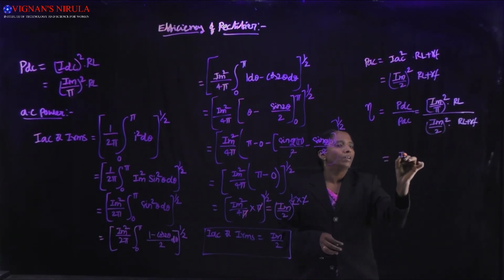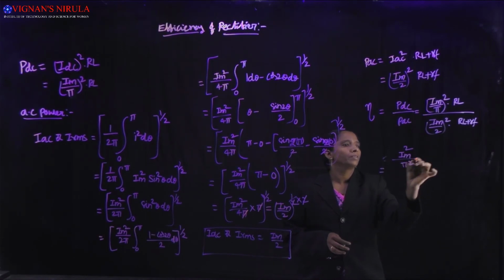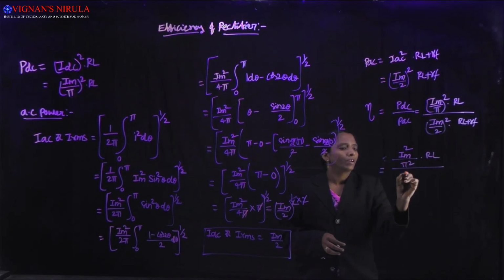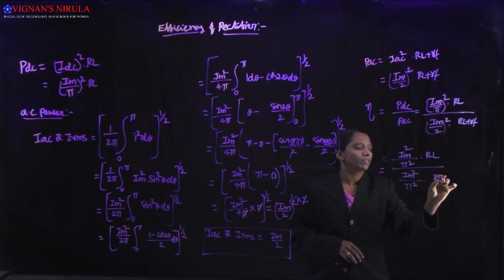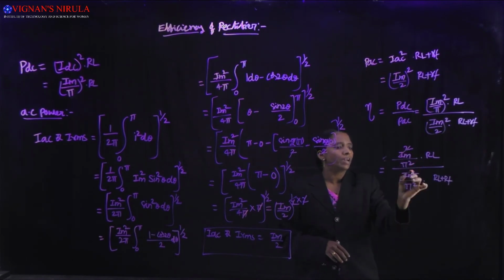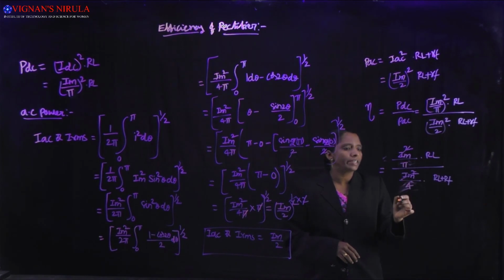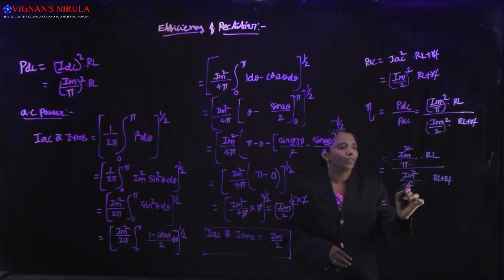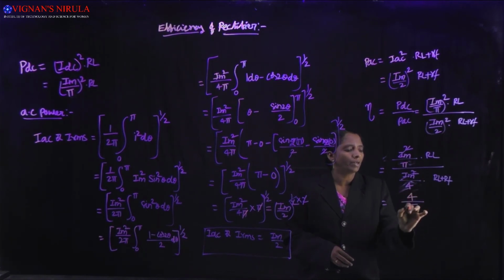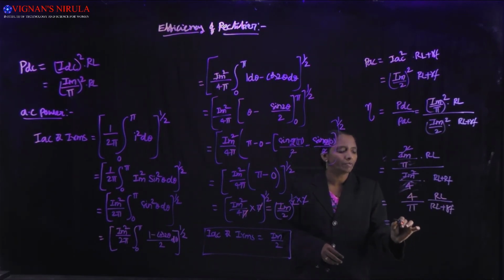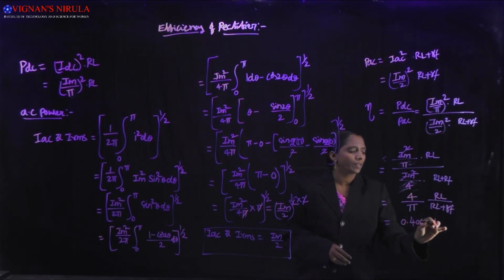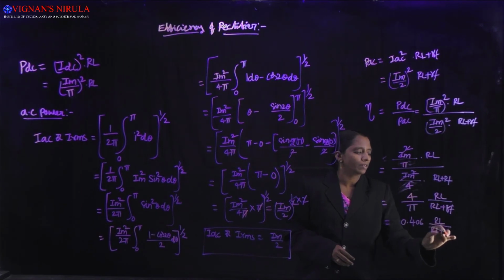Now Im square gets cancelled. We are getting 4 by pi square into RL divided by RL plus RF. 4 divided by pi square is equivalent to 0.406 RL divided by RL plus RF.